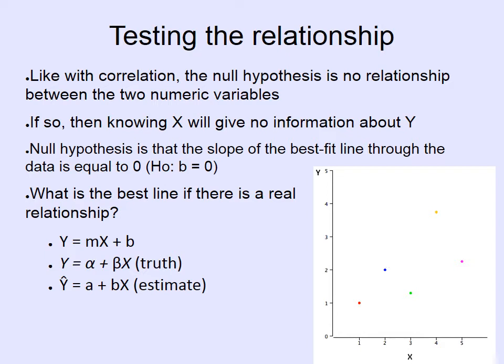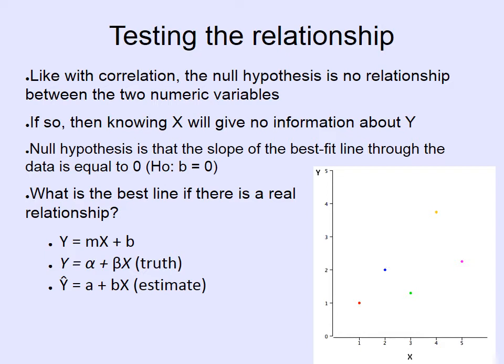Why? Because that would mean as X increases in this graph, from 1 to 5, Y would not change at all. That would mean a slope of 0, so exactly a horizontal line. Let's just remember y equals mx plus b. We're using that type of equation, but there's a little bit of a tweak on how we define what we call m and b here.